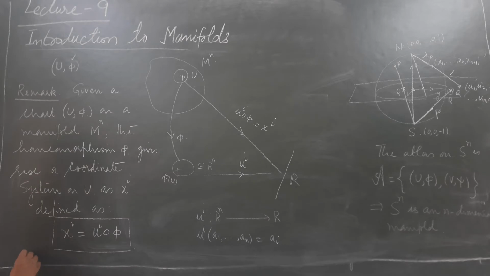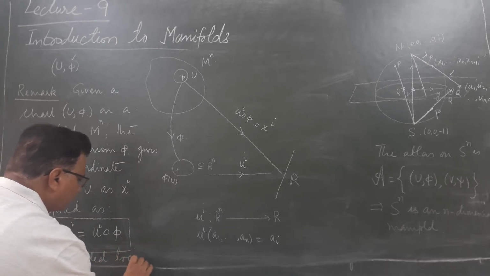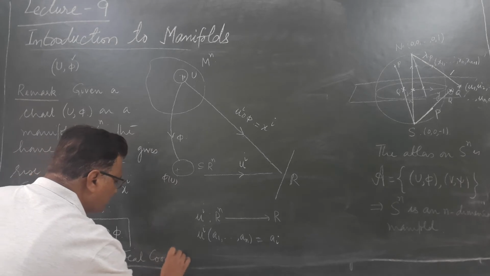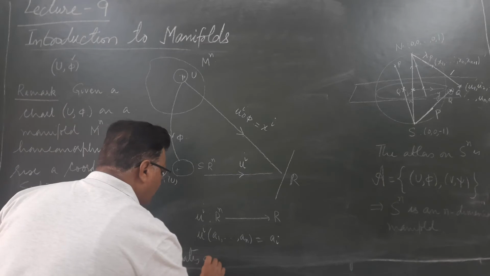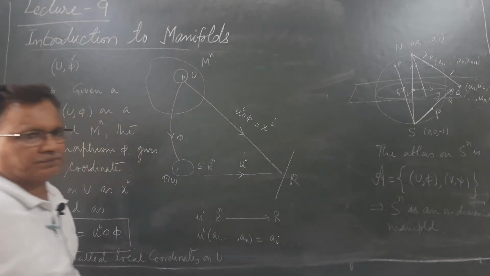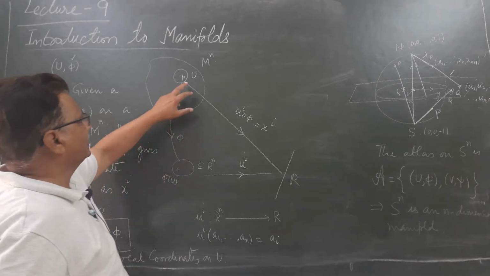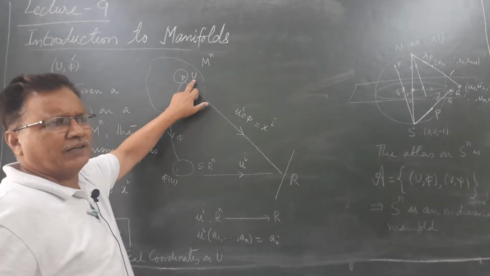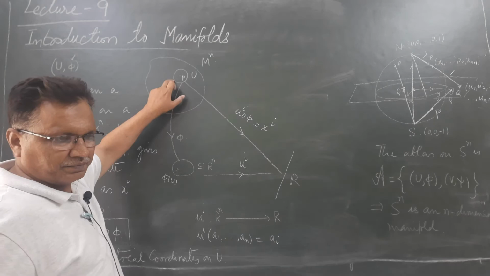So the xi's are called local coordinates, with i running from 1 to n. For every chart we have xi, and that is why sometimes you will see people say that this is a coordinate neighborhood of P, because it gives a coordinate system.